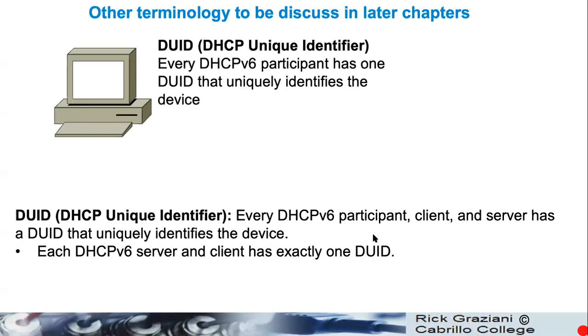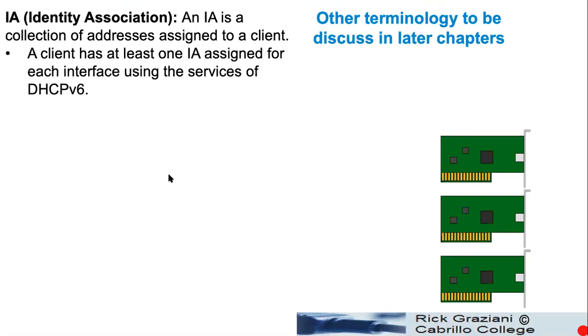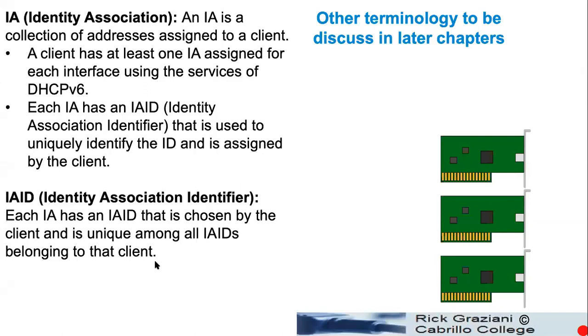But the DUID is this: every DHCPv6 participant has one DUID that uniquely identifies the entire device. Okay, but it also has something known as an identity association. So a client will have at least one identity association for each interface using the services of the DHCPv6 server.